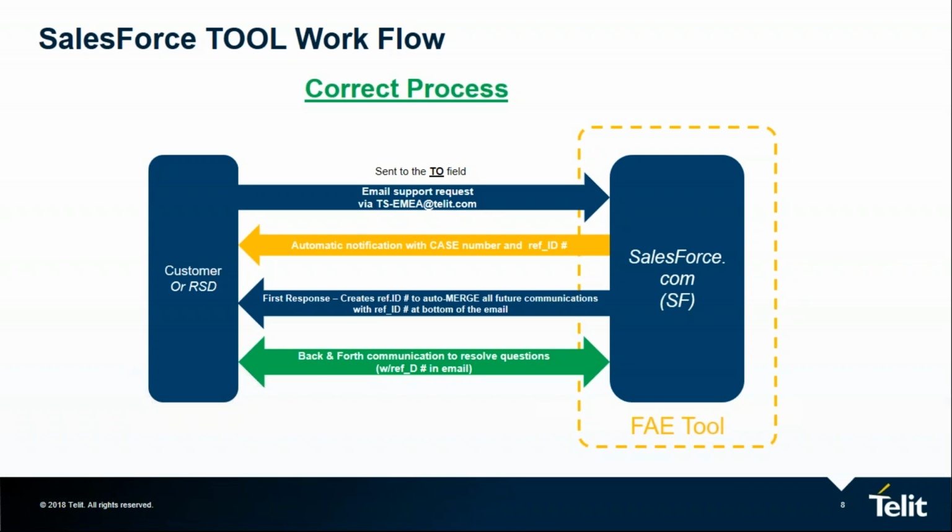The first reply generates a reference ID inside the email that is used to auto-merge all further communication to that specific case. So all the communication back and forth on that request, as we saw before, will be merged to a unique case number.